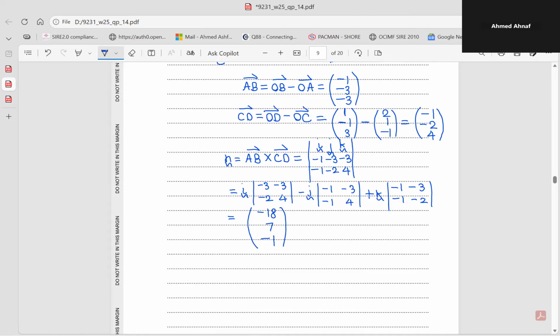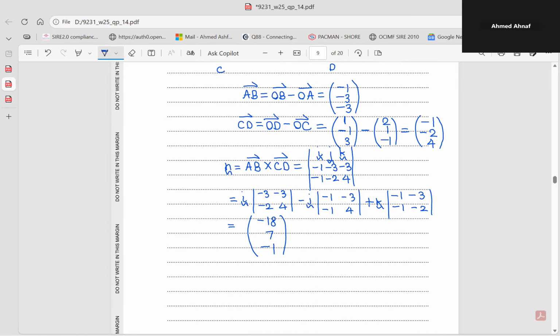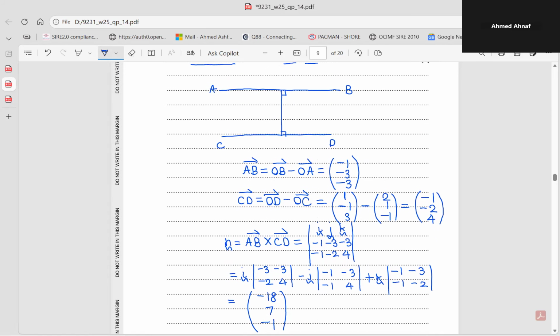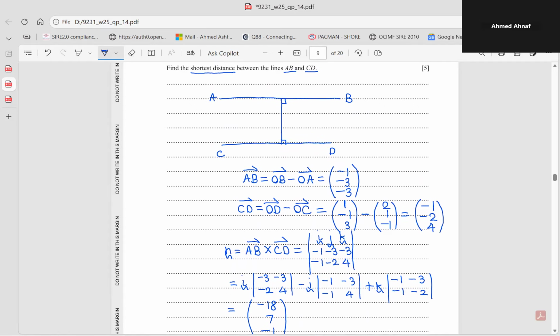You can simplify this by multiplying or dividing by -1 across the three components if you want, but I'm just going to leave it here. This is the vector of the common perpendicular between the two lines.